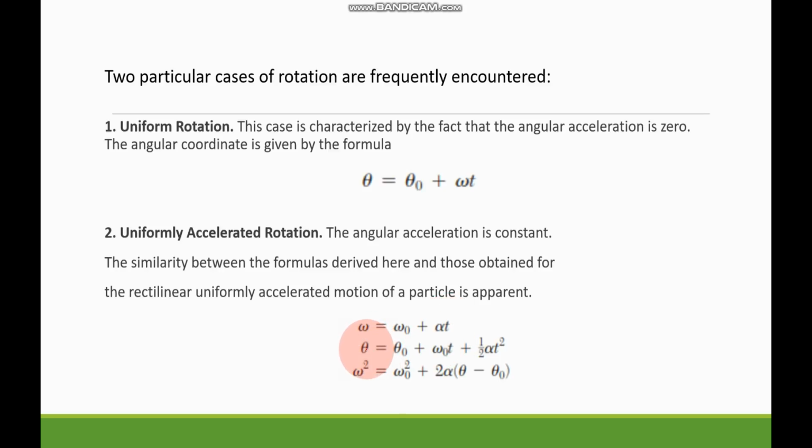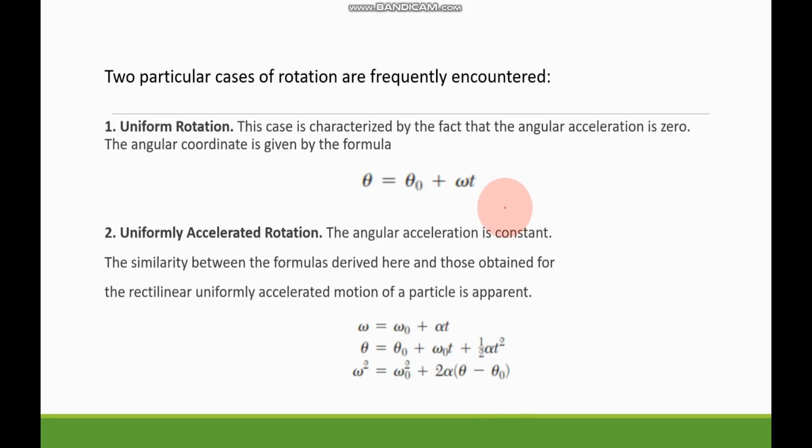And then the angular coordinate at any position is equal to the initial angular coordinate plus the initial angular velocity multiplied by the time plus 1/2 of the angular acceleration multiplied by the time squared, and then the square of the angular velocity at any point is equal to the square of the initial angular velocity plus twice the angular acceleration multiplied by the difference of the angular coordinate at any position minus the initial angular coordinate.